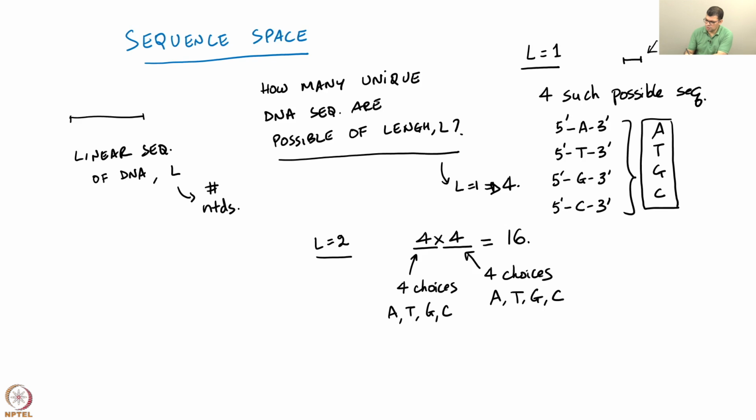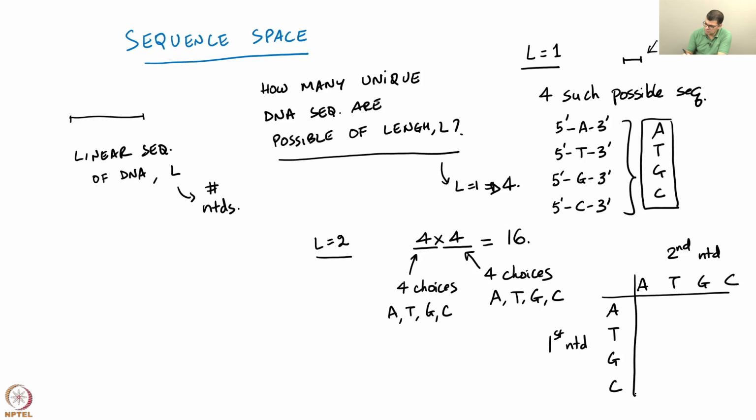One way to think of this is that this is the first nucleotide, which could be any one of the 4, ATGC, and this is the second nucleotide, which is also ATGC. To make a sequence, you simply pick one from the first position and another from the second. The intersection of these two gives me the sequence AT.